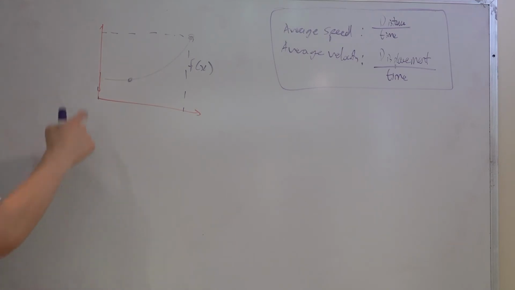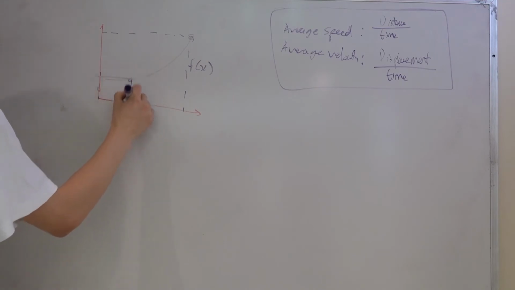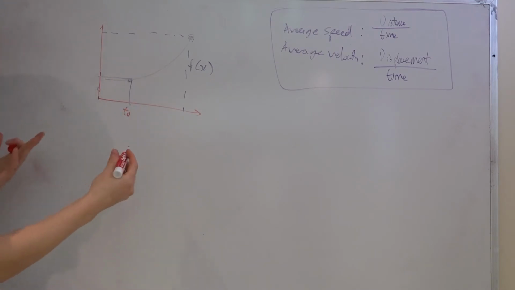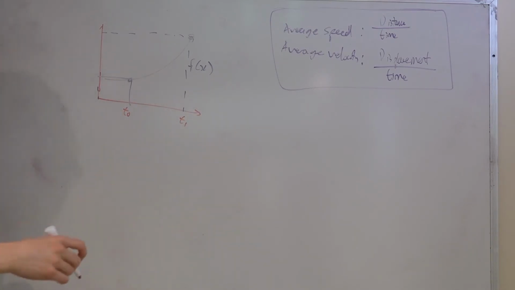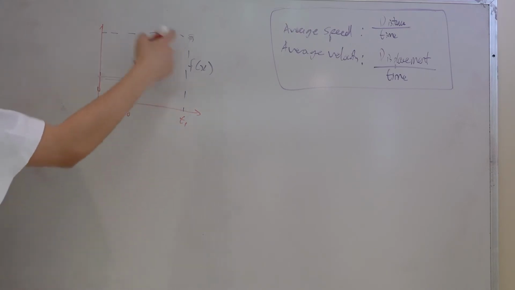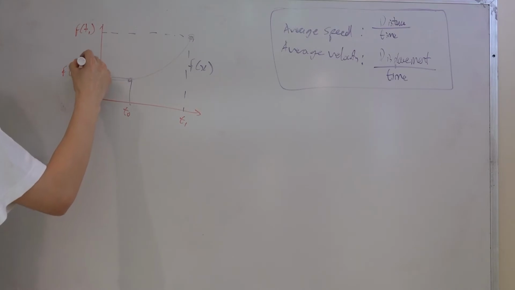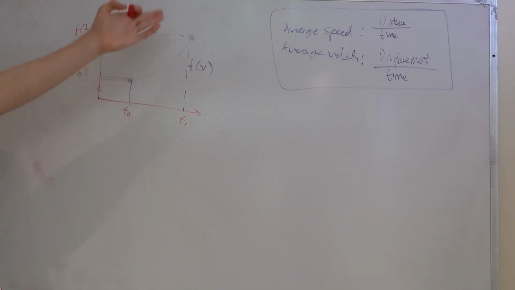Maybe I turned on my information gathering sensor, and I only wanted to start collecting data here, but it collected some data before, so whatever. Again, I have the same deal, 2 points. We are going to call this one t0 for time 0, t1 for time 1. And this, of course, is going to be f of t1, and this is f of t0. So we have these 2 points.